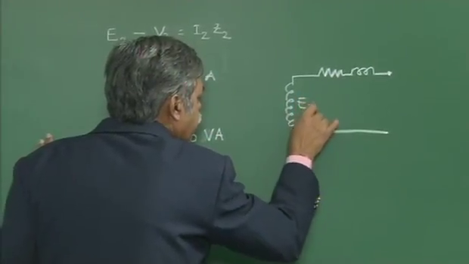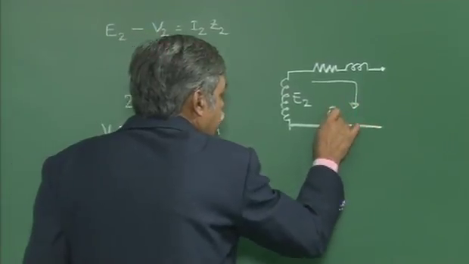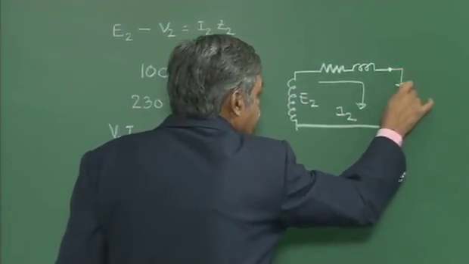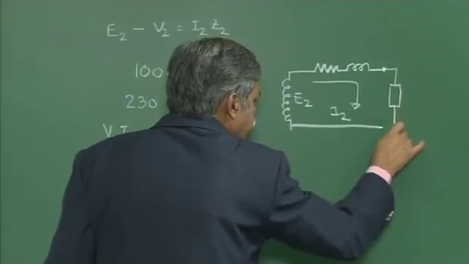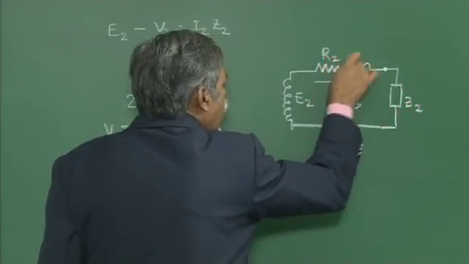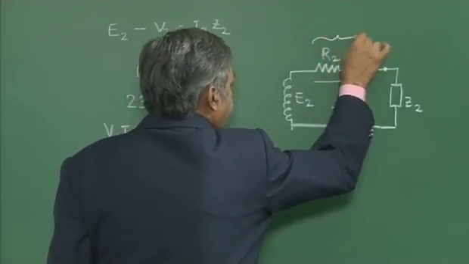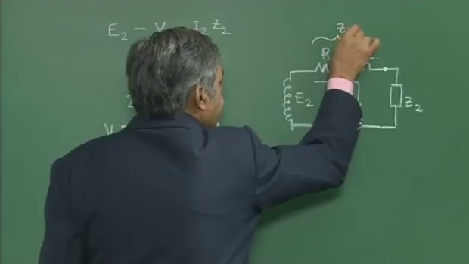E2 is the voltage induced. This is giving us a current of I2 in the secondary, and there is an impedance connected here. R2 and this leakage reactance of the transformer, the combined effect of these two, I will call Z2.